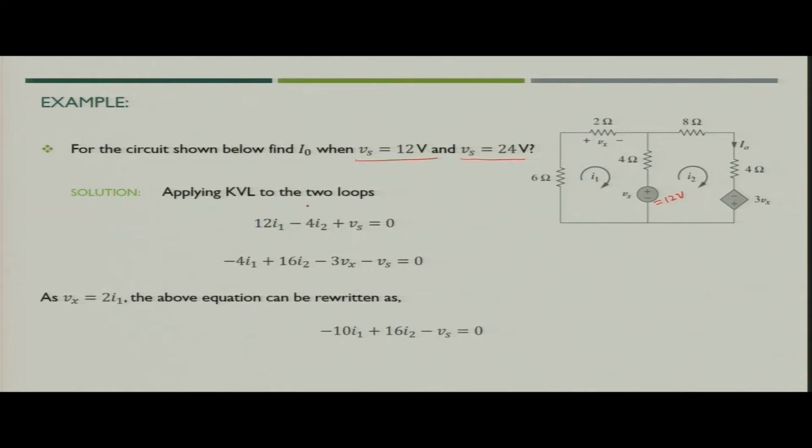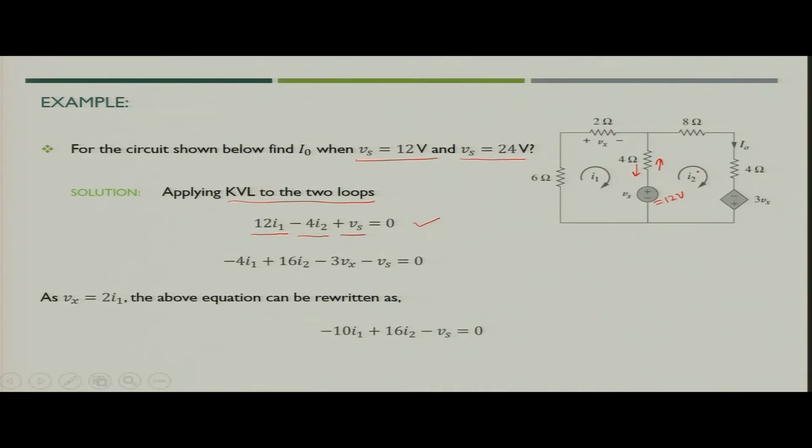If you apply KVL to the two loops, with mesh currents I1 and I2, for this particular mesh you can write the mesh equation like 12 I1 minus 4 I2 plus Vs is equal to 0, because there are total 3 resistances, the sum of those resistances is 12. So it will be 12 I1 minus 4 I2, because I2 is flowing in the opposite direction of I1, and then plus Vs equal to 0. This you will get from mesh 1.